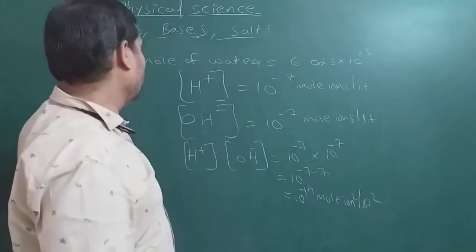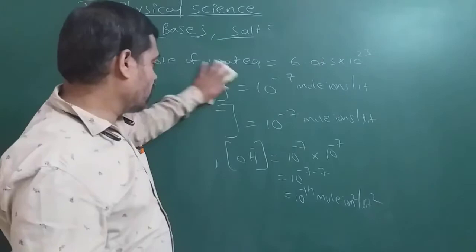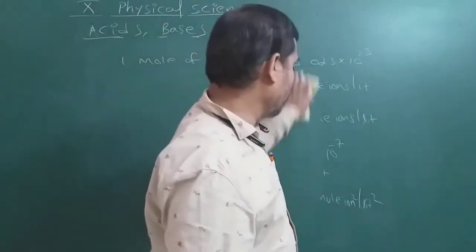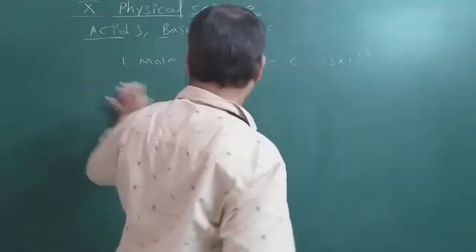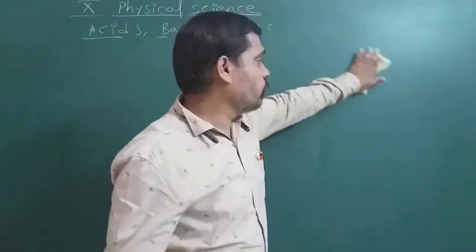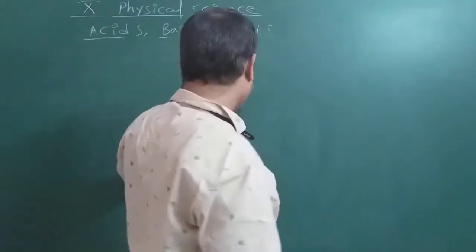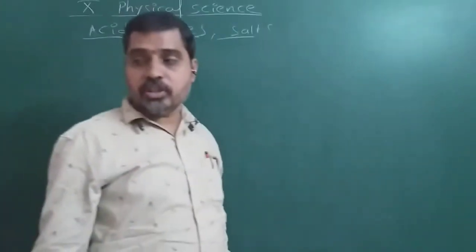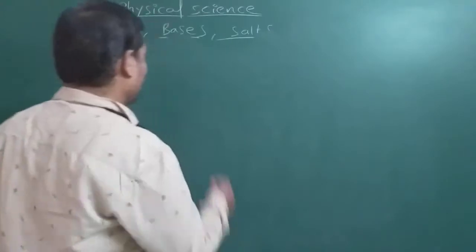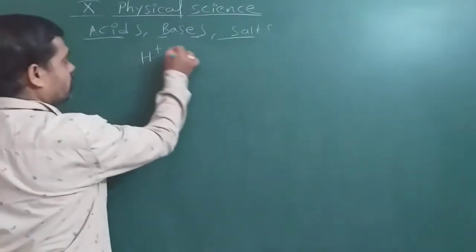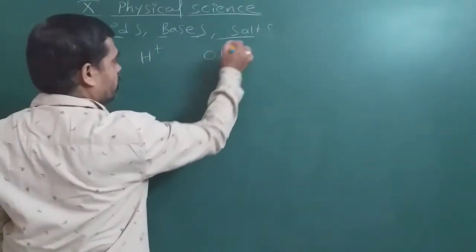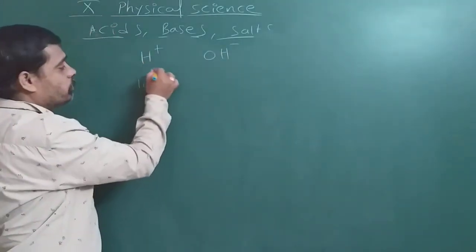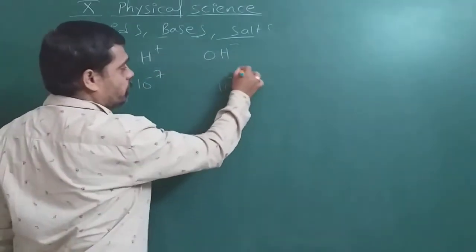If H plus ion concentration increases, OH minus ion concentration will decrease. In pure water the H plus ion concentration is 10 power minus 7 and the OH minus ion concentration is 10 power minus 7.